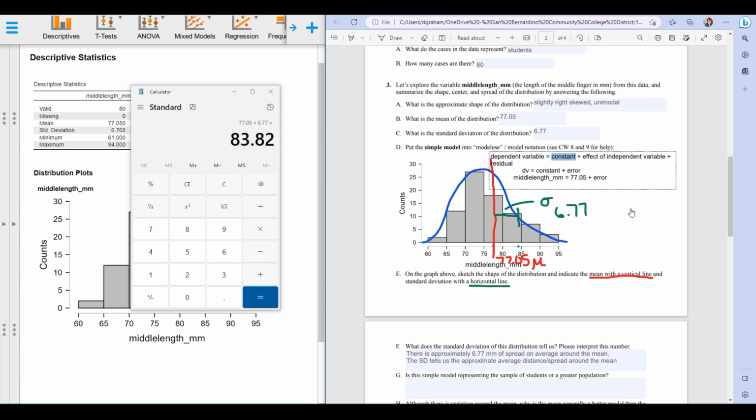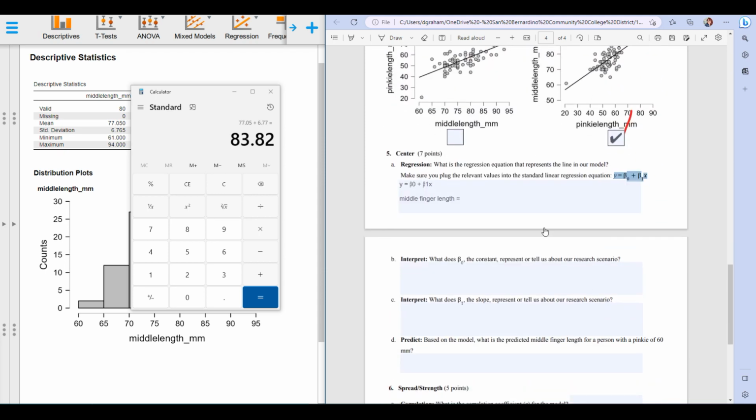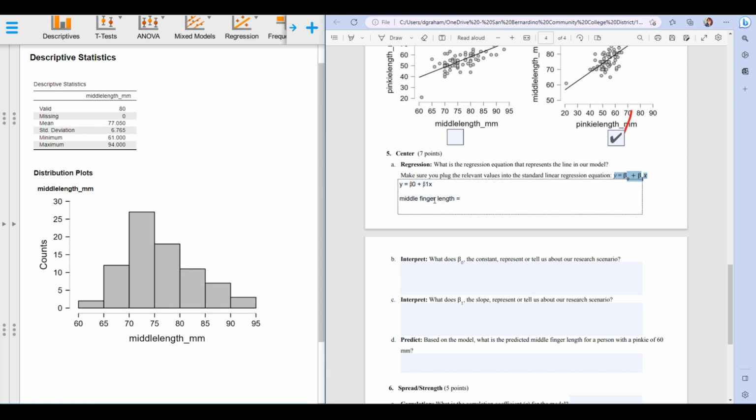So this is y equals B naught plus B sub 1, and then our independent variable is our x. Okay, so we're using the same general formatting. So the B naught is our constant, and we're going to get this from running a regression equation in JASP.